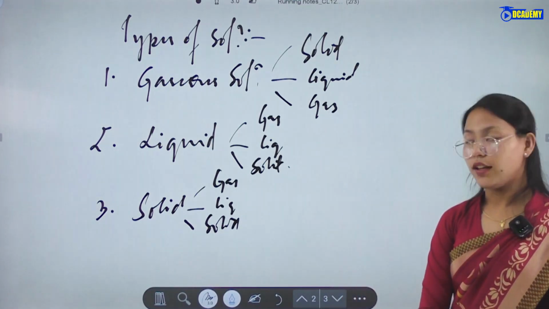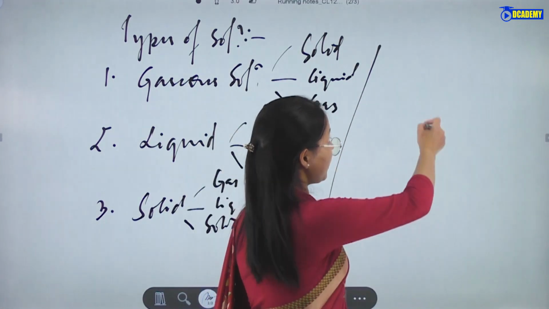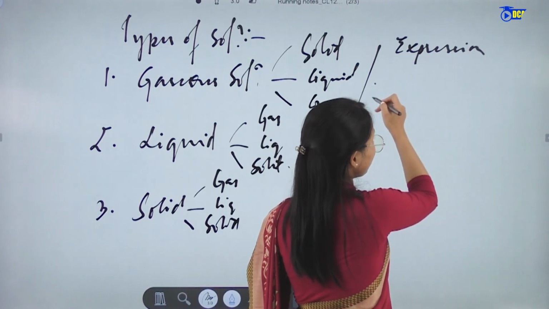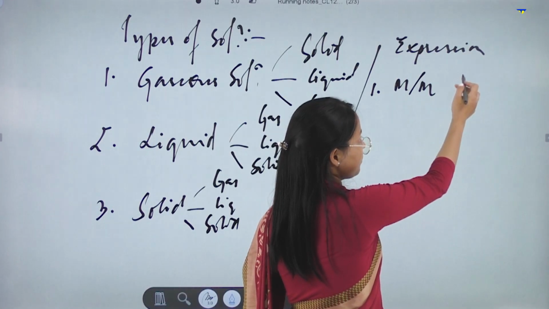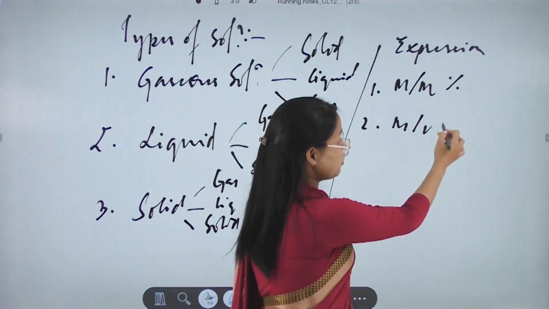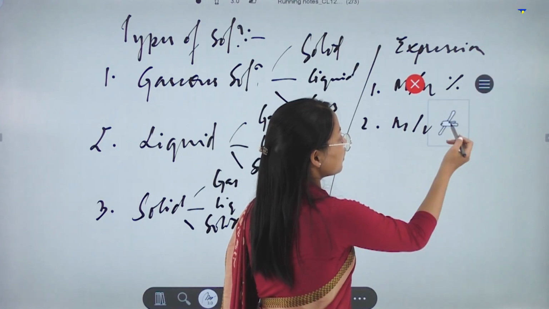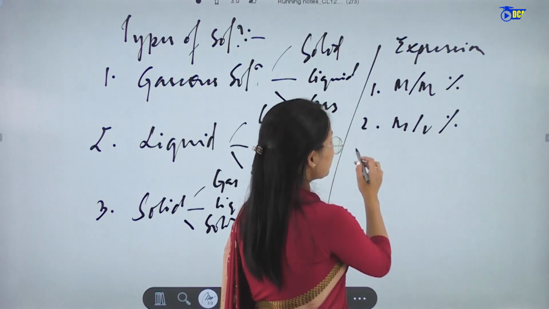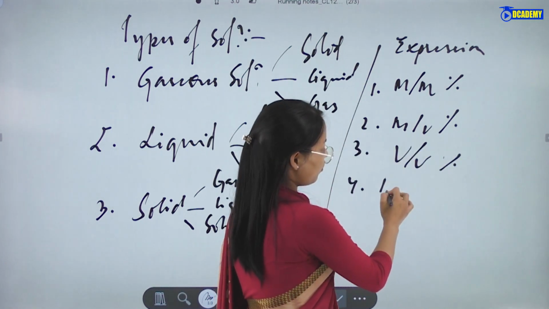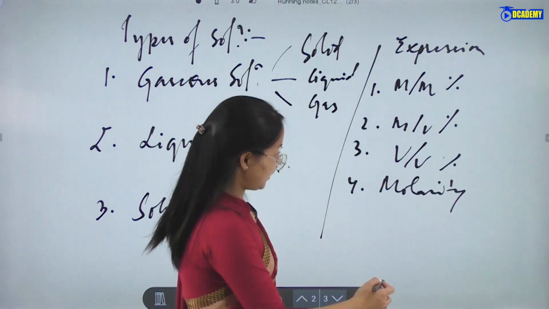Then the expressions of concentration. First, mass by mass percentage. Next, mass by volume percentage. Then volume by volume percentage. Next, molarity.